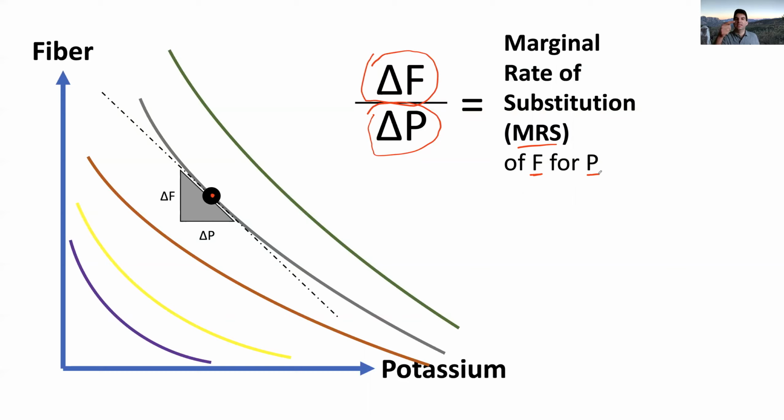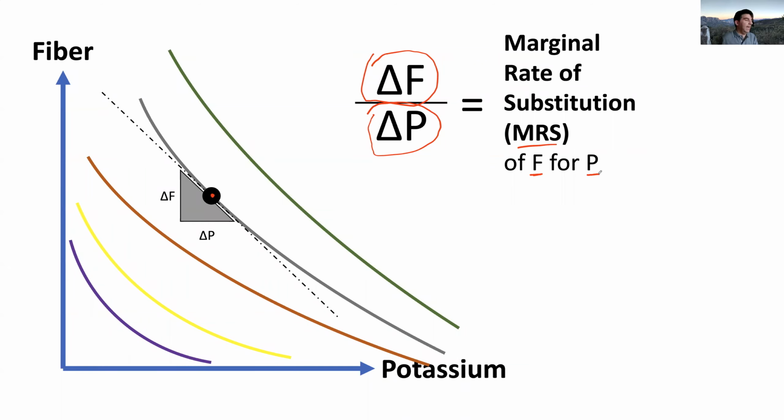The of is the thing in the numerator and the for is the thing in the denominator. So you could multiply this by the thing in the denominator and you'd find out how much of the thing in the numerator you would get for the gain or loss. So if you're willing to give up 1 gram of potassium, if I multiply 1 gram of potassium by this marginal rate of substitution, it'll tell you how much fiber you would need to gain in order to be willing to give up that 1 gram of potassium.